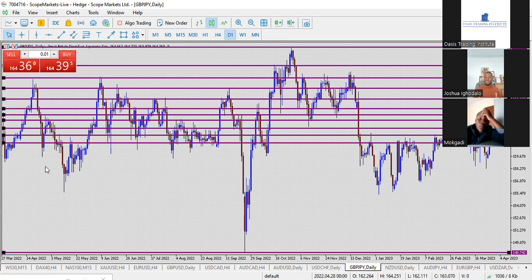That is where you start from. You are trying to train your eyes to be able to see where there is a support in this market and where there is a resistance in this market. It is vital, you know that. So that is why you're seeing so many lines. Like I said, it's going to be rough, but you will have to make sure that you are identifying the truth.